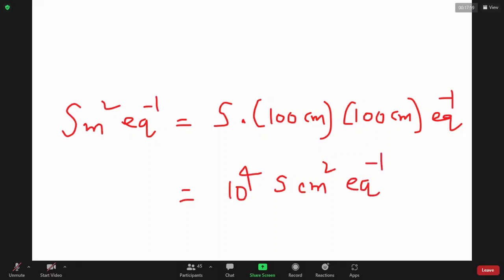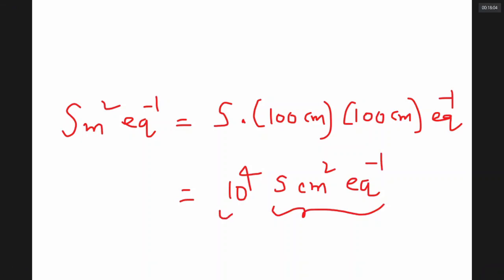So when you get the answer in Siemens centimeter square per equivalent, just multiply with 10 to the power 4, then that is equal to 1 Siemens meter square per equivalent. That's the way to do. Are we very clear, sir? Yes, sir. Clear.